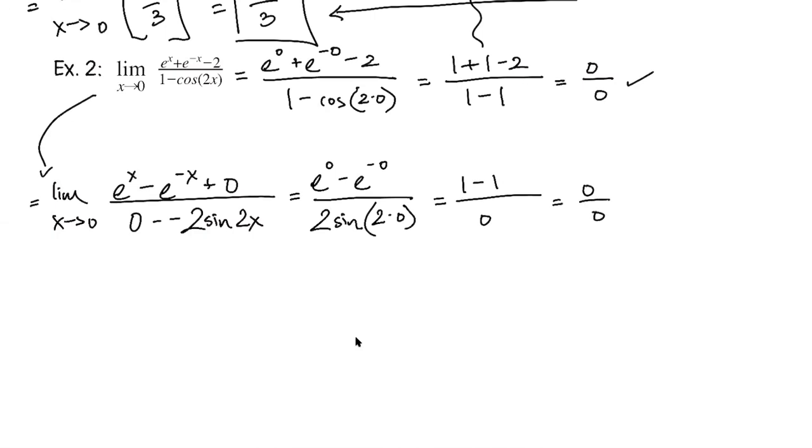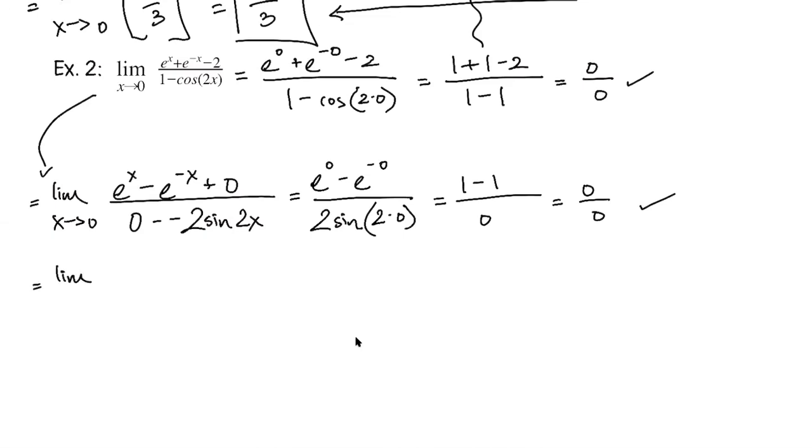0 over 0. This is an example where you're going to have to use L'Hopital's more than one time. Okay? So you do it once, plug in your numbers. If you get a number out, that's awesome. That's your answer. But if you get 0 over 0 again or infinity over infinity, you've got to use L'Hopital's again.